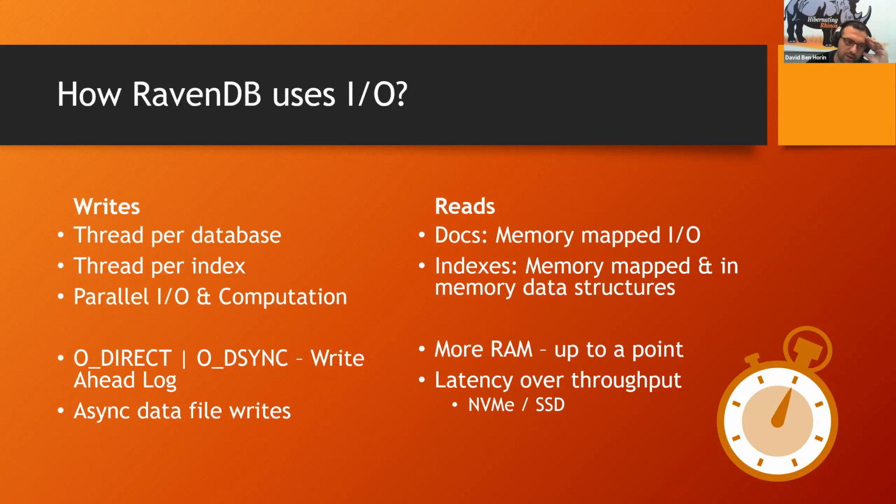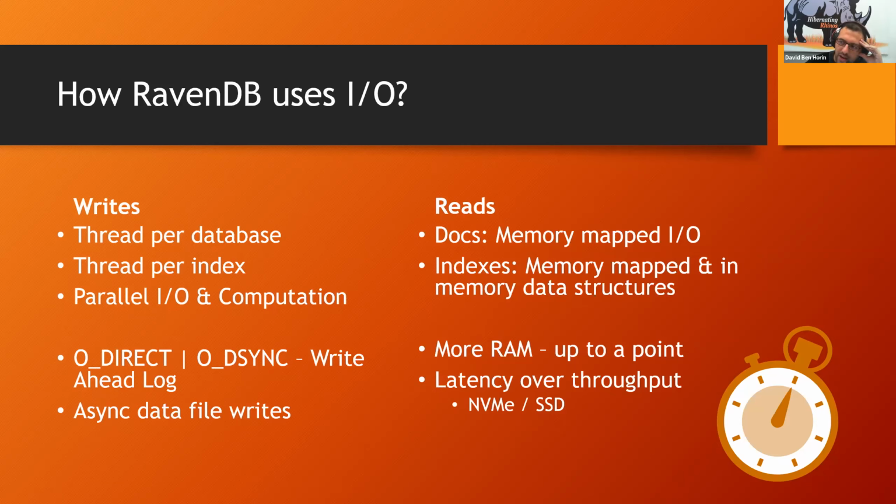Another thing to notice here, almost all of the expensive writes in RavenDB happen when we are writing to the write-ahead log. The reason this matters is that those are always sequential writes.